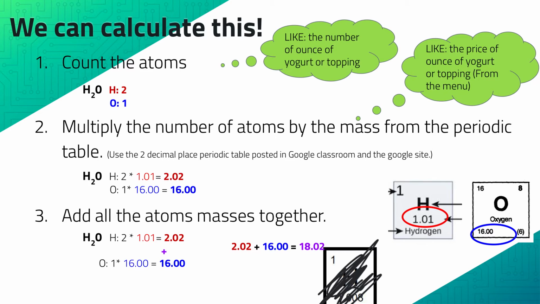So multiply the number of atoms by the mass from the periodic table. Hydrogen's mass is 1.01, and there are 2 hydrogen atoms, so we have 2.02. Oxygen's atomic mass is 16.00, and there's 1 oxygen atom, so we have 16.00. Then add them together: 2.02 plus 16.00 equals 18.02.